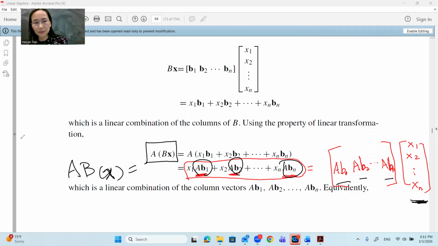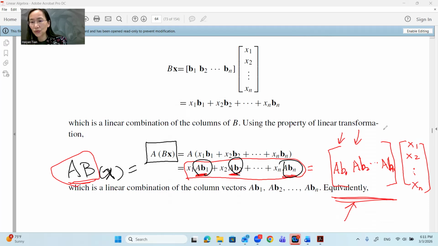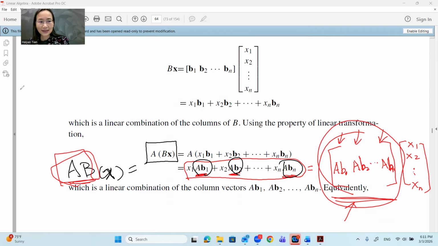Then we realize A, B are defined. This is a transformation matrix. So for this composite transformation, which is called AB, its transformation matrix is totally defined by this. So the first column is just AB1, second column is AB2, and the nth column will be ABn. So that is AB. That is the matrix that defines the transformation. Why do we say it defines the transformation?